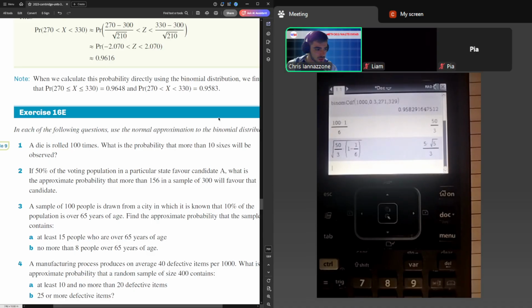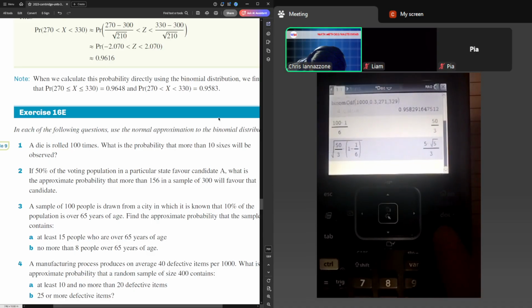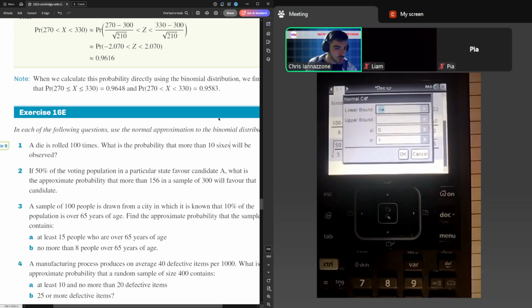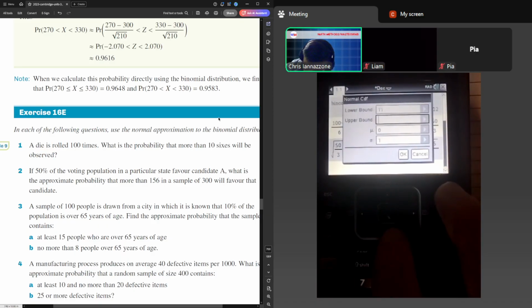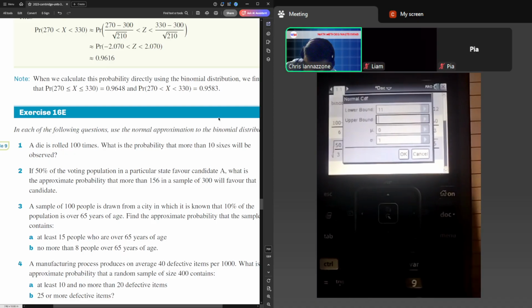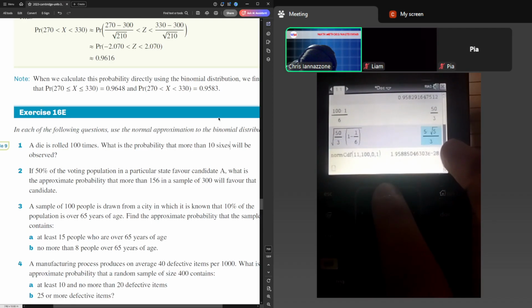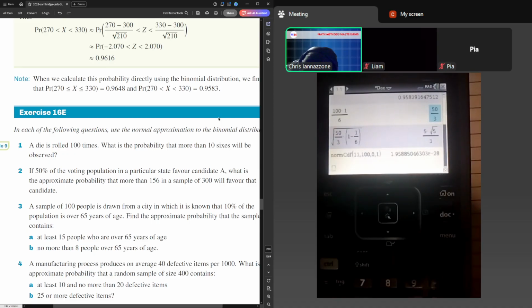Now, the reason why this feels a little bit weirder in this case is because when we go out and do our normal CDF, we're looking for more than 10 sixes. Normally, in discrete, that would mean that we'd put a lower bound of 11 and an upper bound of 100, right? Because we can only roll up to 100 things. I'm going to leave the mean and standard deviation as what they are, just so I can copy these into it.